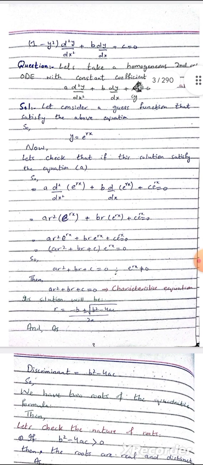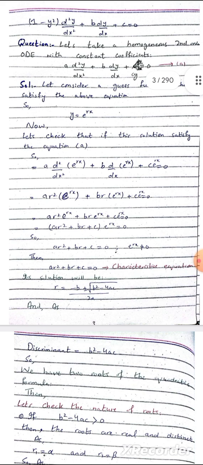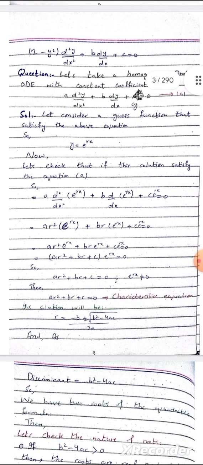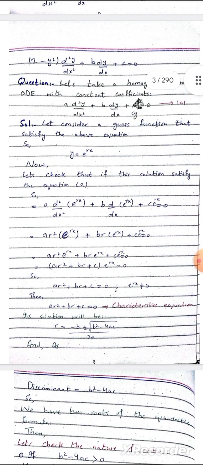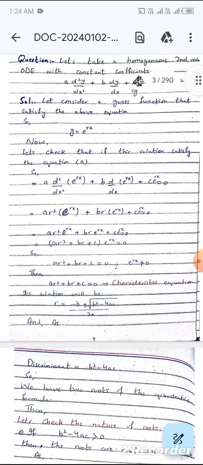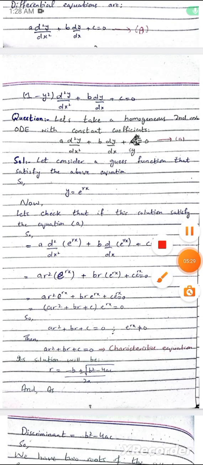Now let's check whether this solution satisfies equation A, that is, whether it becomes the root or not. By putting this in equation number 1, our required equation A, we obtain a d²y/dx² e^(rx) plus b dy/dx e^(rx) plus c e^(rx) is equal to 0.